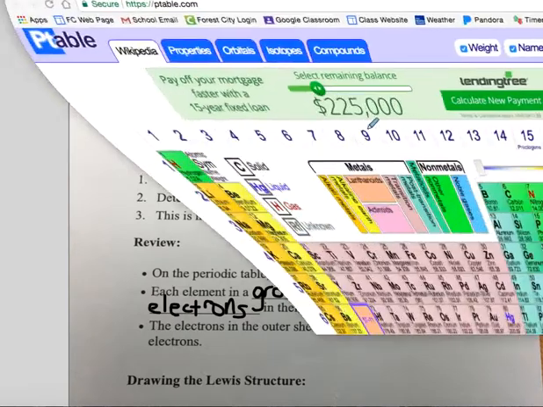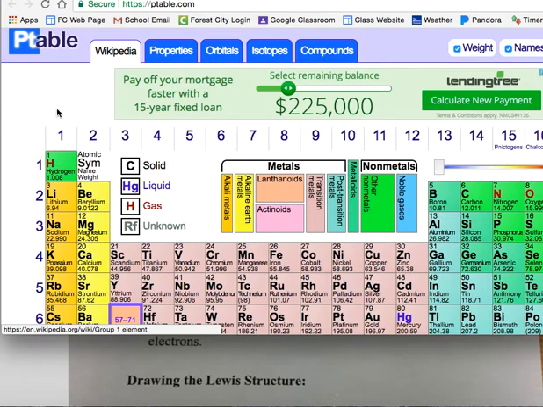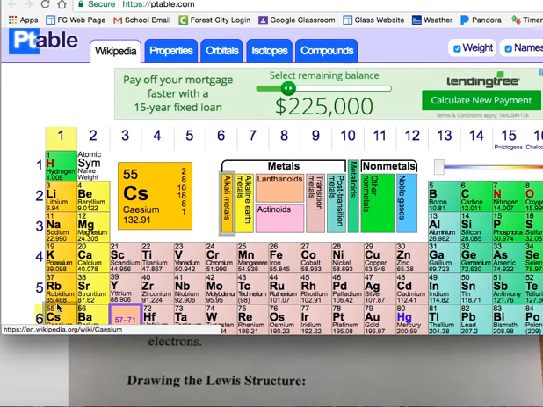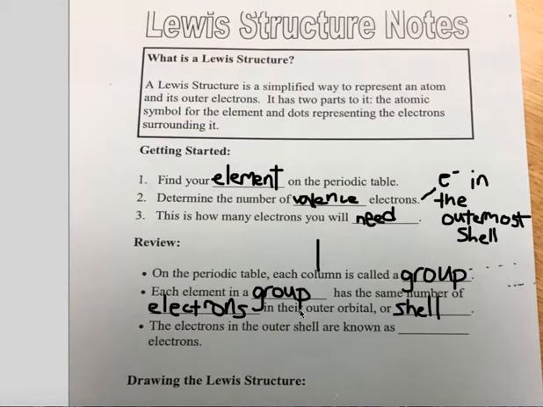So if I go back to my periodic table, hydrogen, lithium, sodium, potassium, these are all in the first group, the same column. Since they're group 1, that means they have 1 electron in their outer shell. The electrons in their outer shell are known as valence electrons.